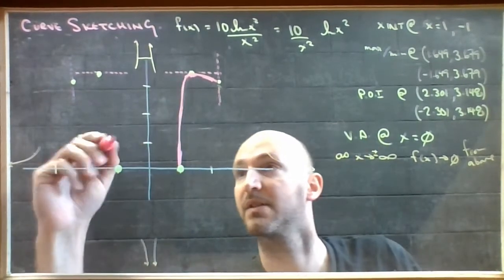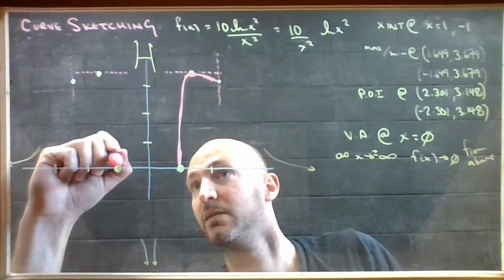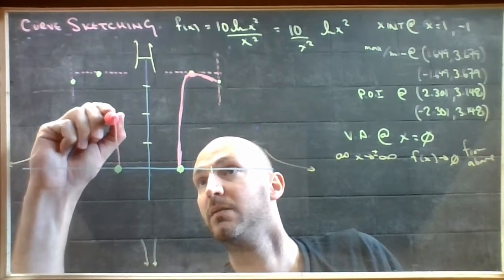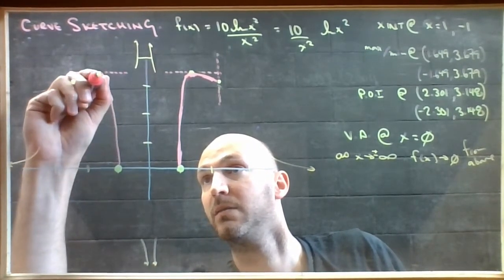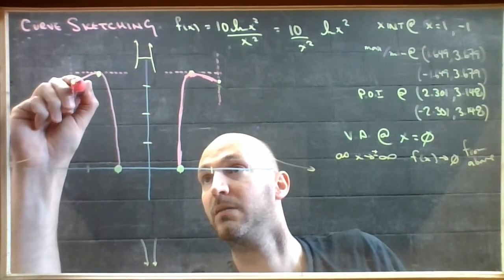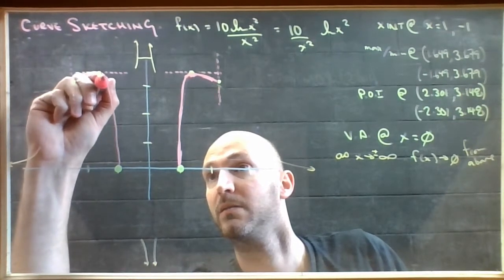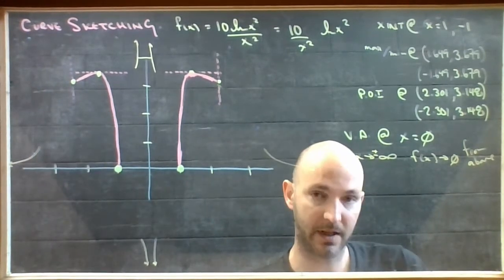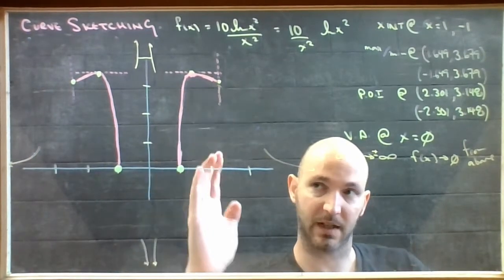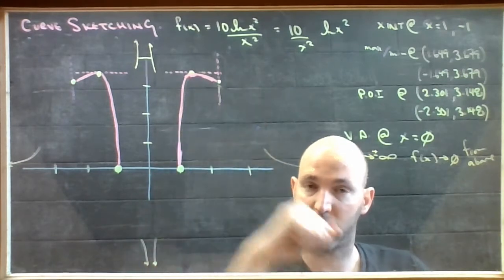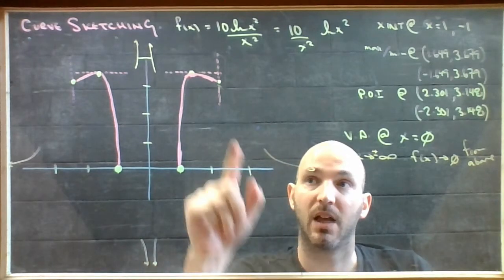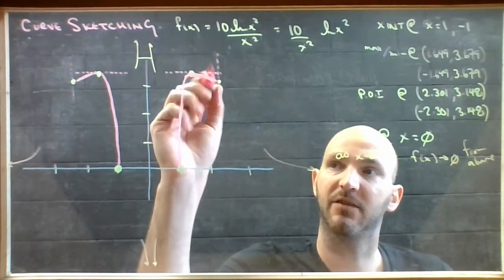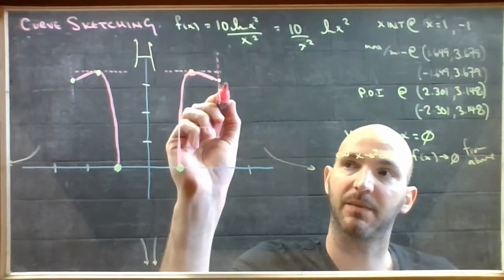And the same thing is going to happen on the other side. And I'm going to be very careful to make sure that it's curved. It's got to be curved down in that whole segment. At the point of inflection, instead of being curved down, it flips to curve up.